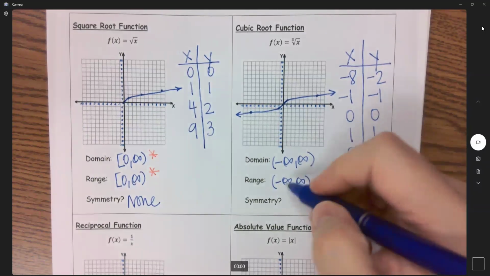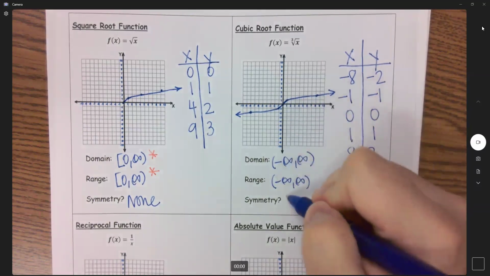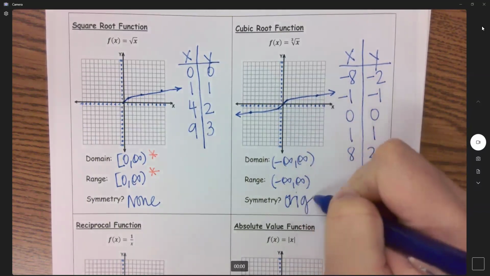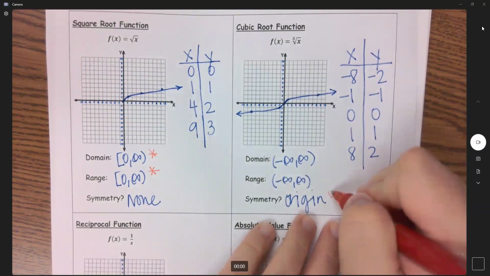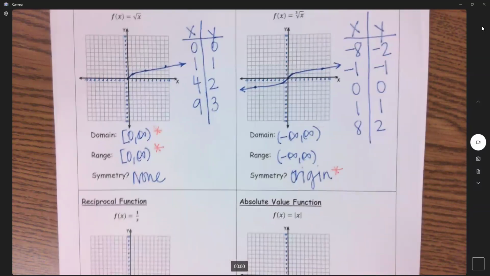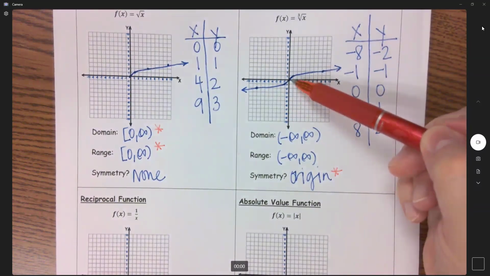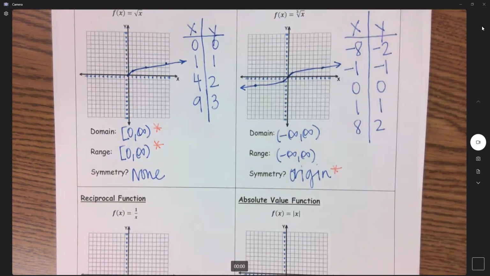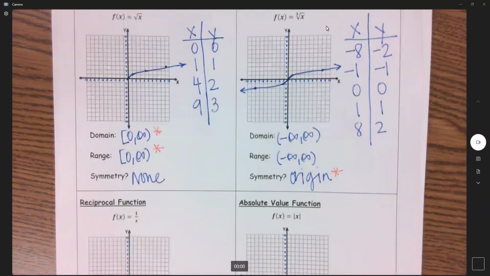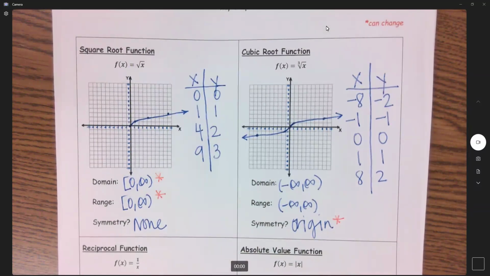And this one again has origin symmetry. But that needs an asterisk because it can change. If this isn't at the origin anymore and you go up, down, left, or right, then it will lose its origin symmetry. So those are our two root functions.